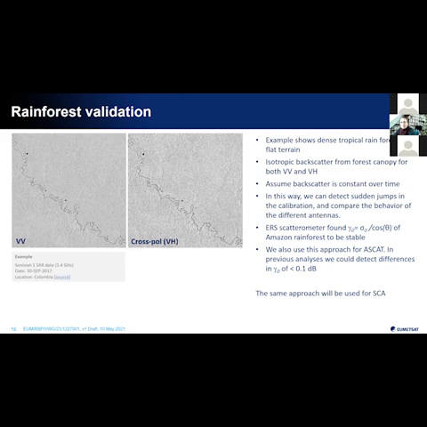In this way, we can see jumps in the calibration and cross-check the calibration of the different antennas. And it's actually quite accurate and quite good. And we are going to use it for SCA as well, because it's well established.